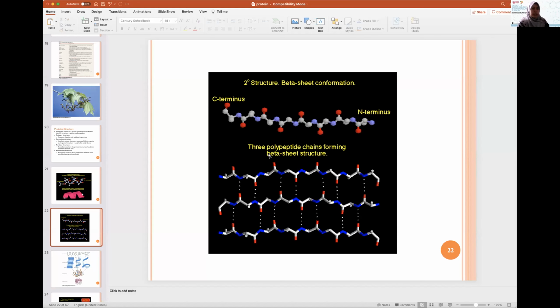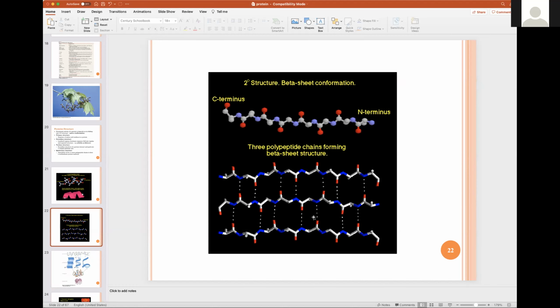We can see here three polypeptide chains forming a beta sheet structure. We have the first polypeptide, second polypeptide, and the third one, and they are all connected to form a beta sheet using hydrogen bonds. We can see here hydrogen bond formation. This is unlabeled, but what do you think about the beta sheet here? Is it a parallel or anti-parallel arrangement?